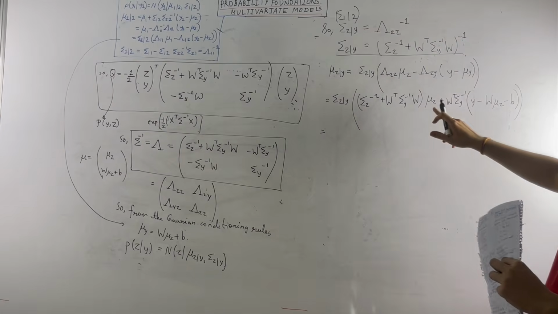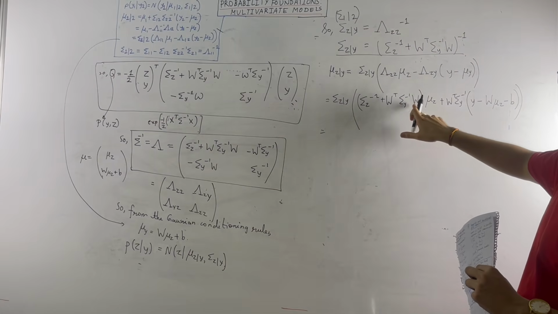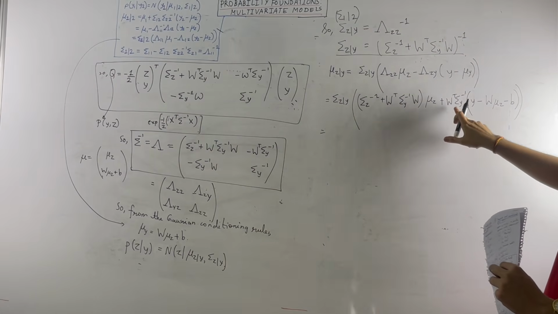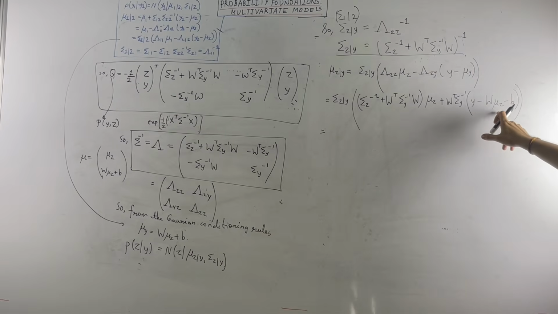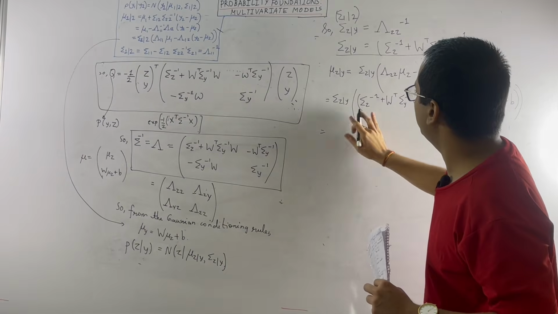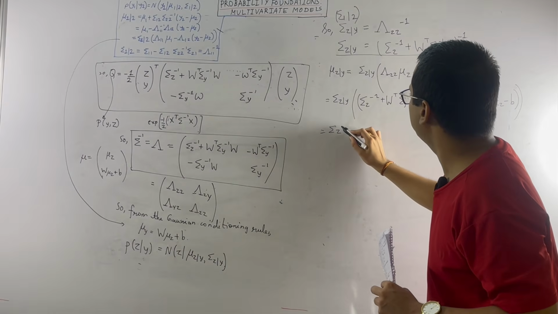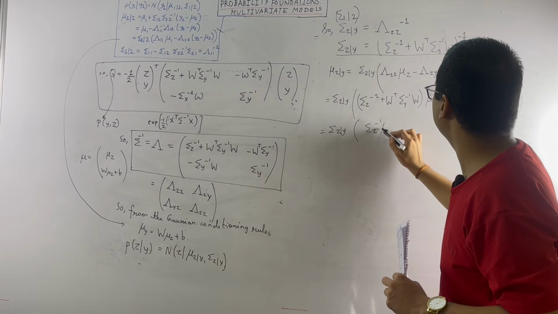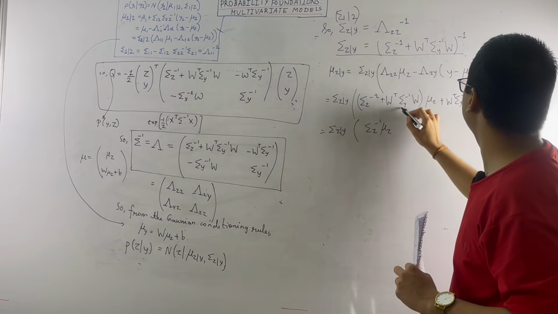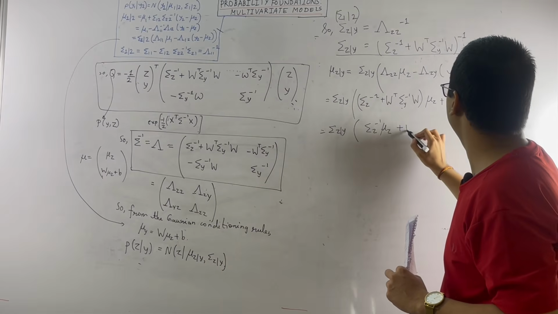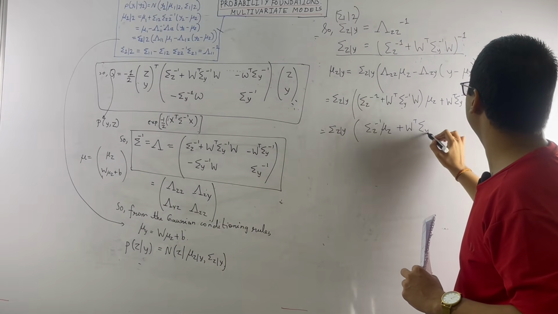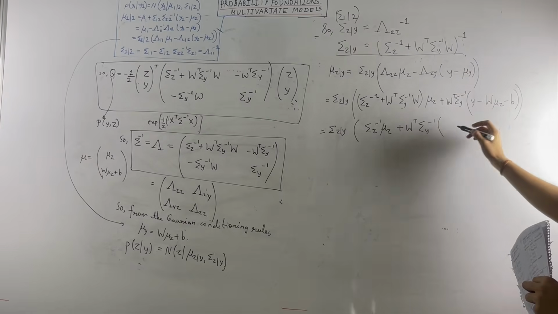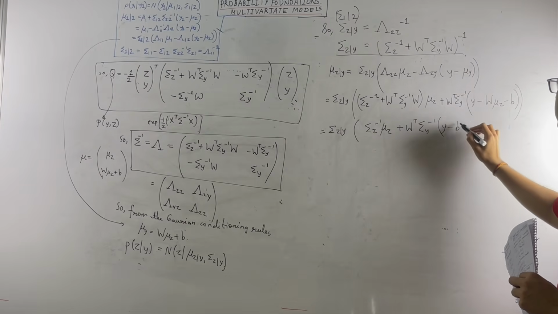Now here you look carefully: w transpose sigma y inverse w mu z, and minus w transpose sigma y inverse w mu z. So this and this get cancelled out, right? So what do you get? Sigma z given y. Okay, so sigma z inverse mu z is the first term, the second term cancels with this, plus w transpose sigma y inverse y minus b.